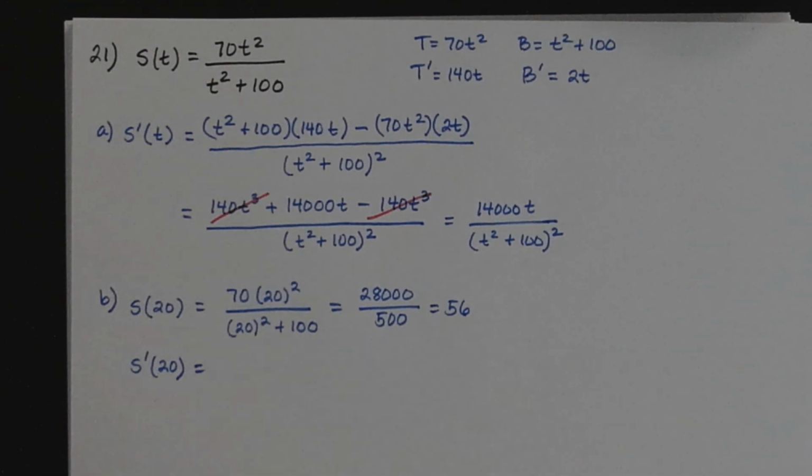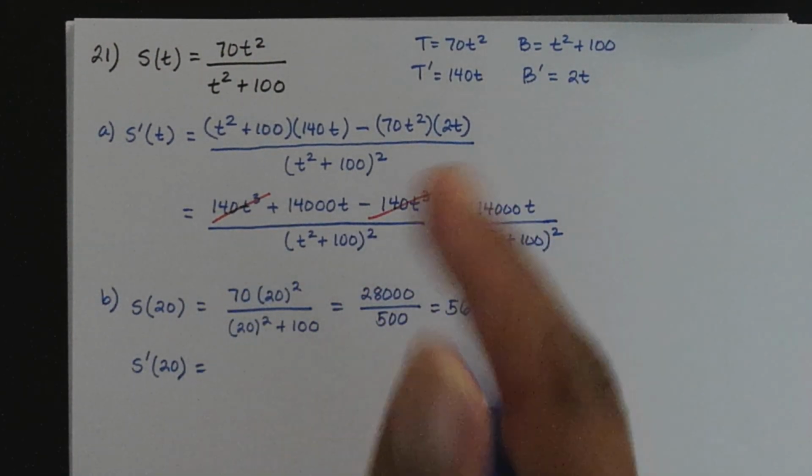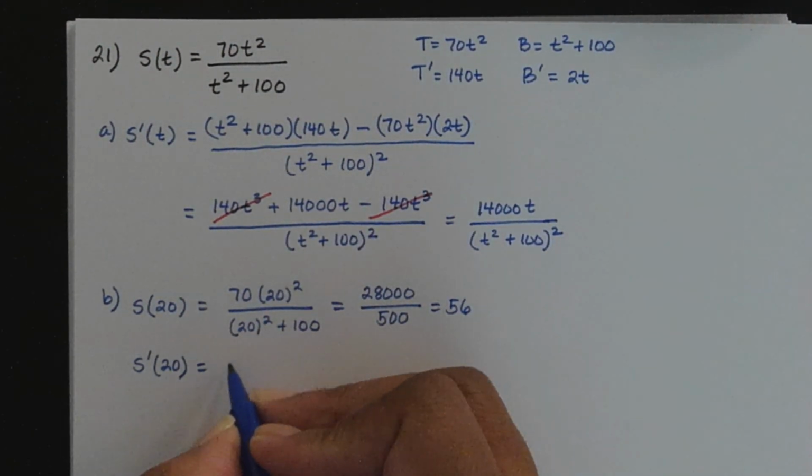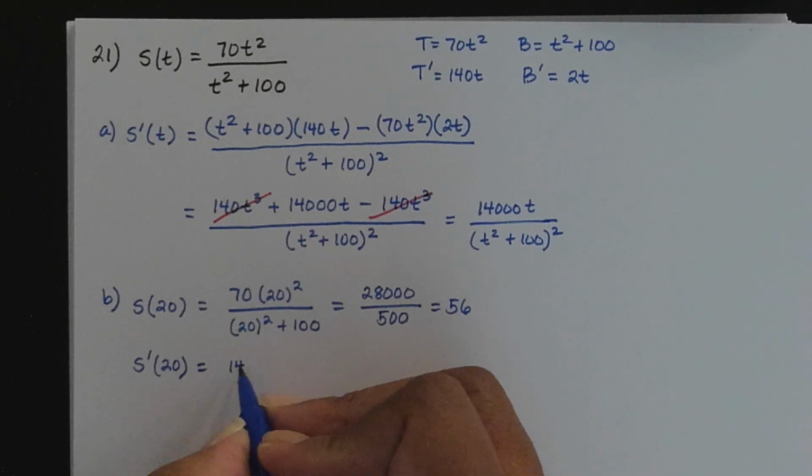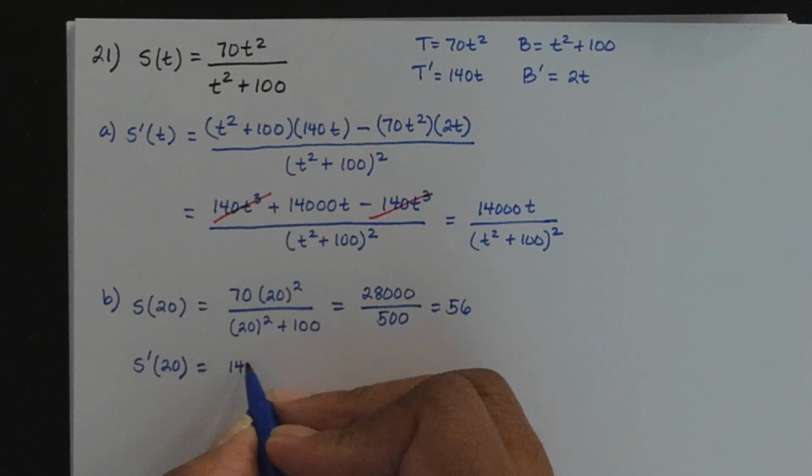And then S prime of 20, we use the S prime of t, which is 14,000t divided by t squared plus 100, quantity squared.